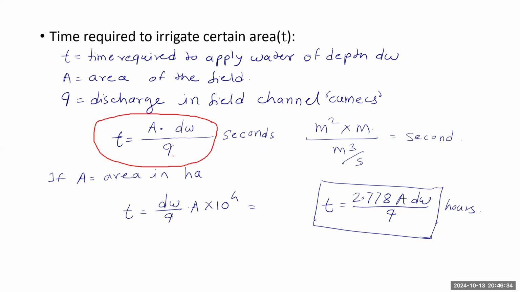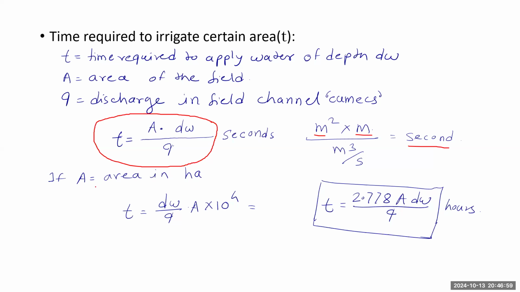Okay. So in that case, we get the answer for T in seconds, because area will be in meter square, depth of watering will be in meter, and discharge will be in meter cube per second. So meter square into meter upon meter cube per second, the resulting answer will be in second.